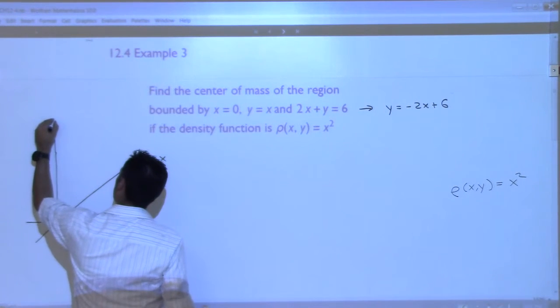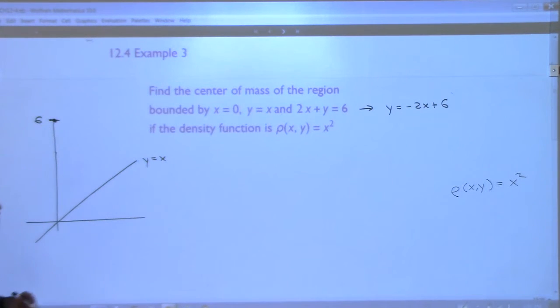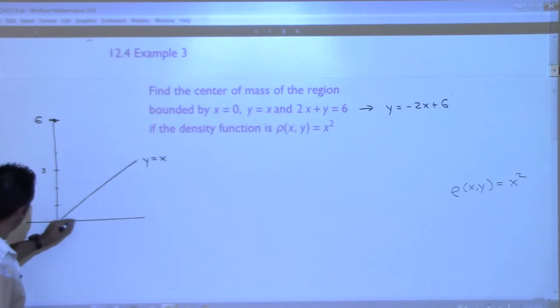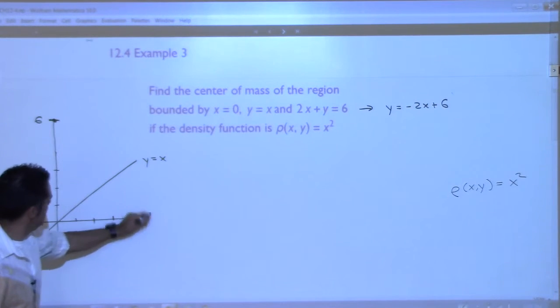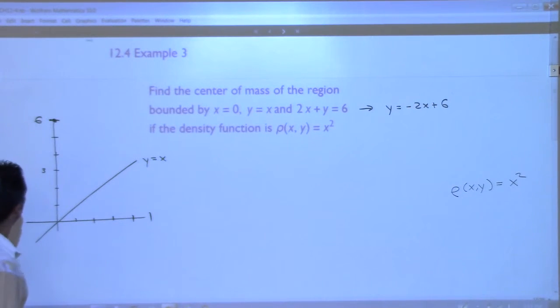That's going to be up here, isn't it? Slope of negative 2, so down 2 over 1, down 2 over 1. I think I'm hitting right here.